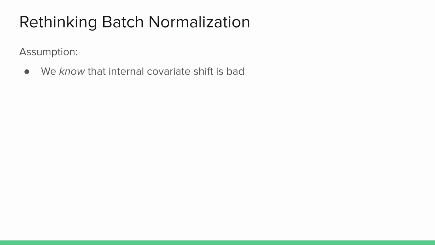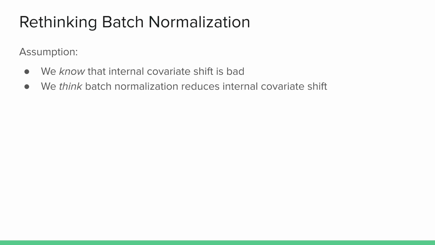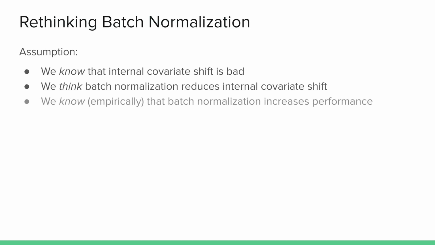Interestingly, batch normalization has seen quite some controversy because people thought that it was combating this internal covariate shift. So the assumption was, well, we know that internal covariate shift is bad. We think that batch normalization is reducing that, so we know that empirically, when we train and we use batch normalization, the performance increases.